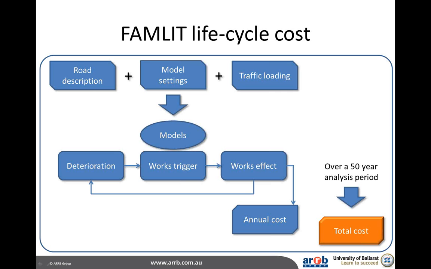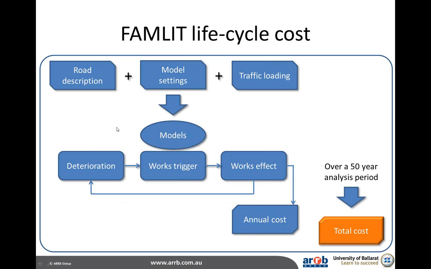So, FAMLIT as a life cycle cost tool. FAMLIT can be broken down into a few different areas. We have inputs, we have some working models in the middle, and being a lifecycle costing tool, it outputs a cost at the end.